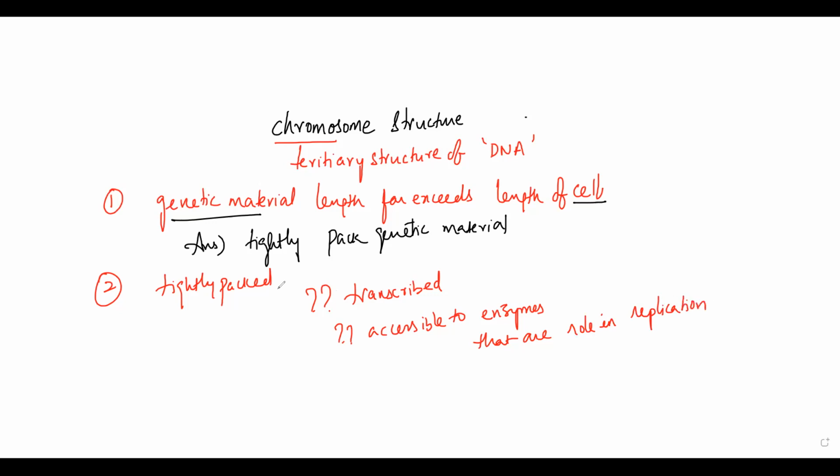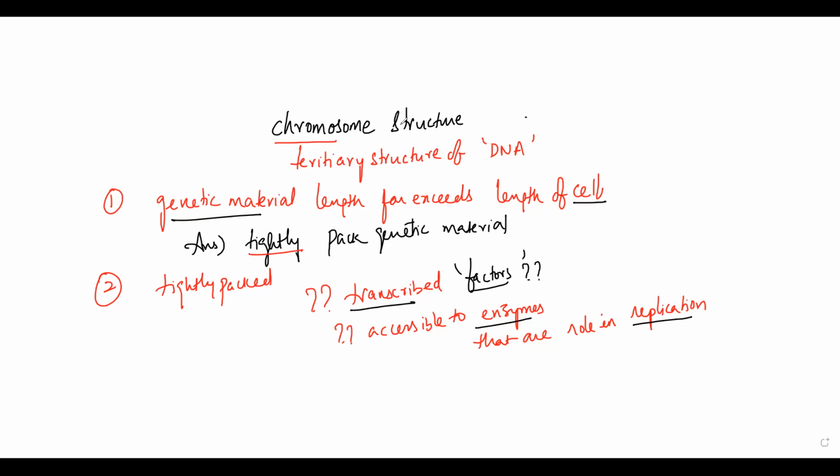See, if it has been tightly packed, how can it be accessible for transcription? There are many factors which help in transcription. So how can this DNA be accessible to the transcription factors? How can it be accessible to the enzymes that are helping in the replication process?